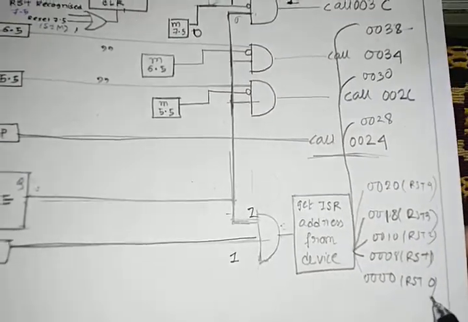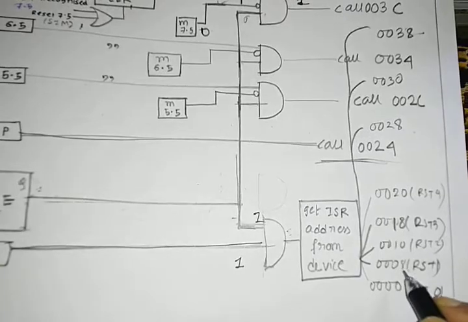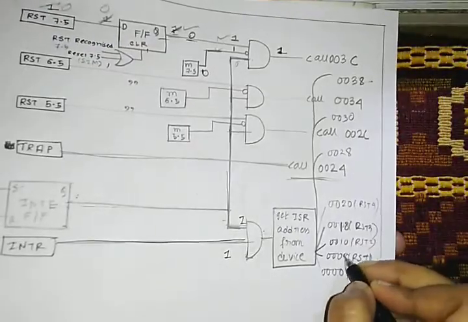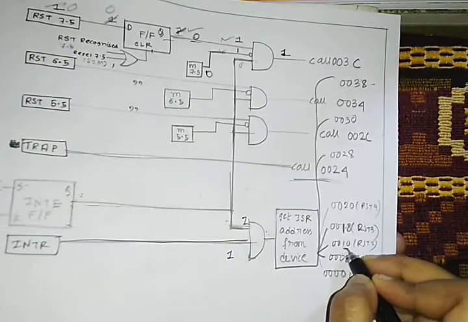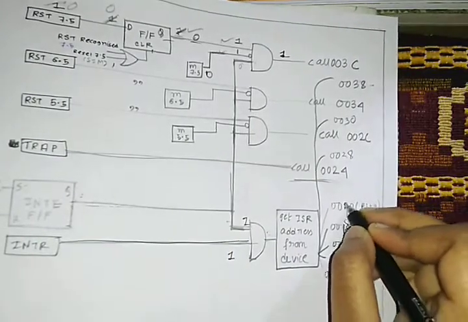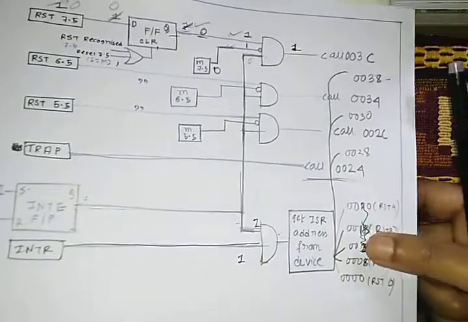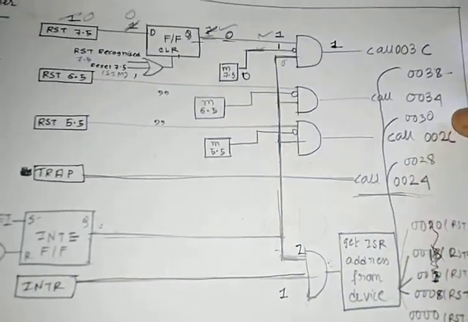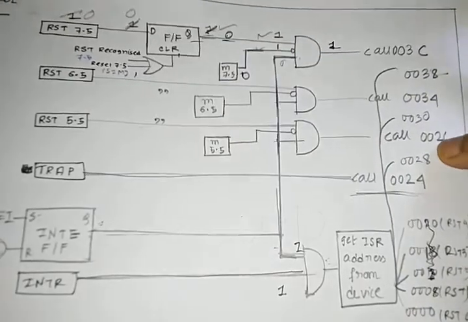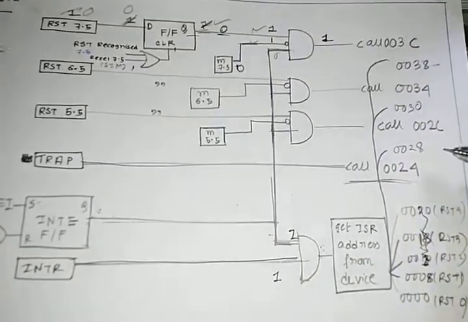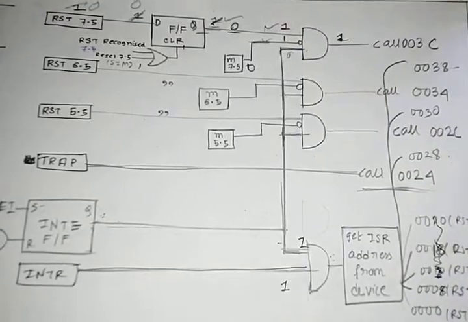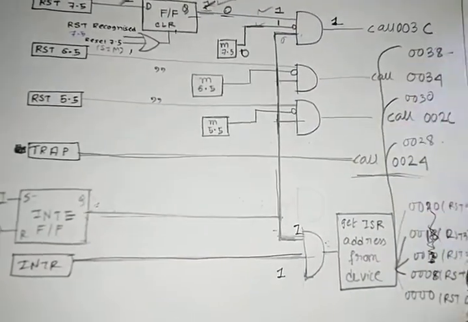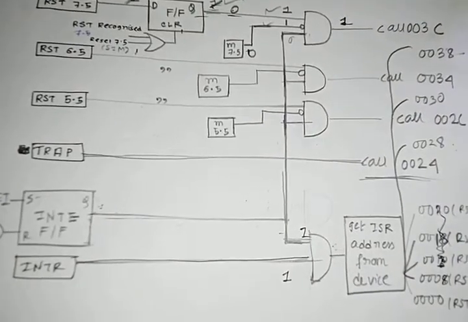So 0000 is for RST 0, 0008 for RST 1, then +8 and all that. Then 0028, 0030, 0038. Just to maintain this order, I've written them.